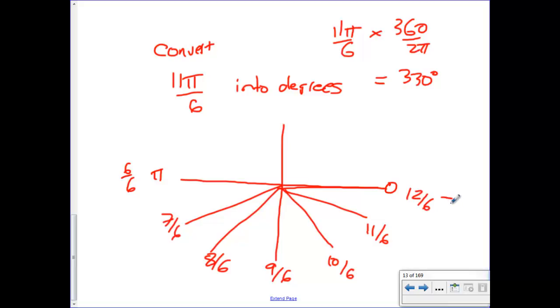But 12/6 is really 2 pi, because really all of these are in terms of pi now. So does it make sense that 11/6 is 330 degrees? Hopefully it's kind of sinking in here.